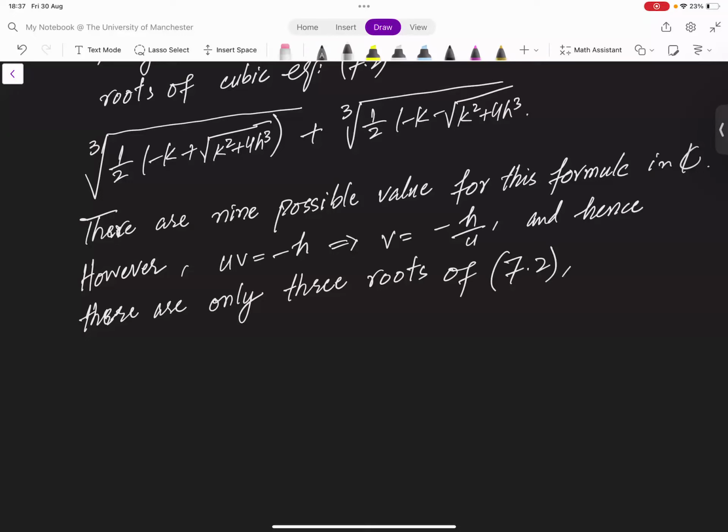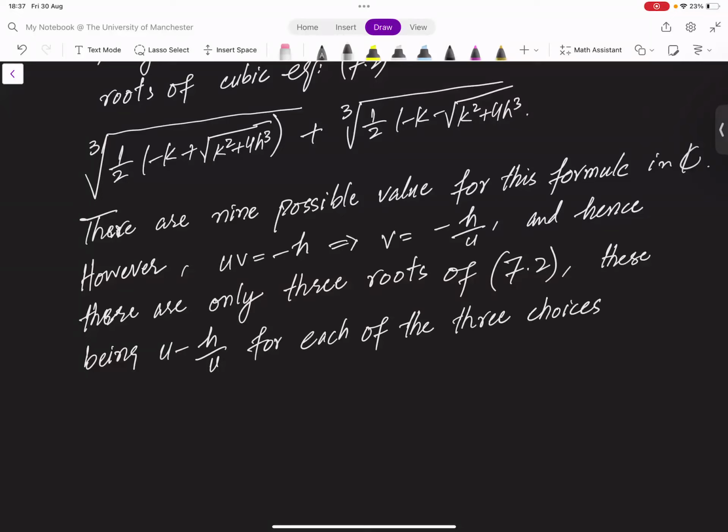These being u minus h over u, for each of the 3 choices for u.